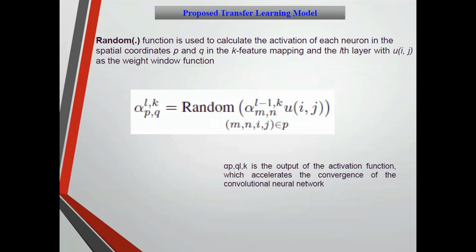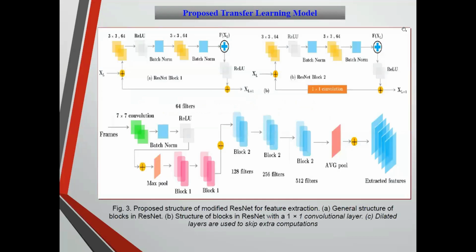So in that case, alpha_PQ to the L and K is the output of the activation function, which accelerates the convergence of the convolution neural network. See the diagram. Probably one structure is there. Here you will understand the total features.